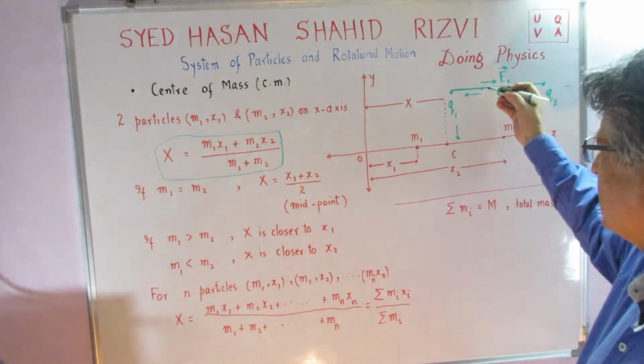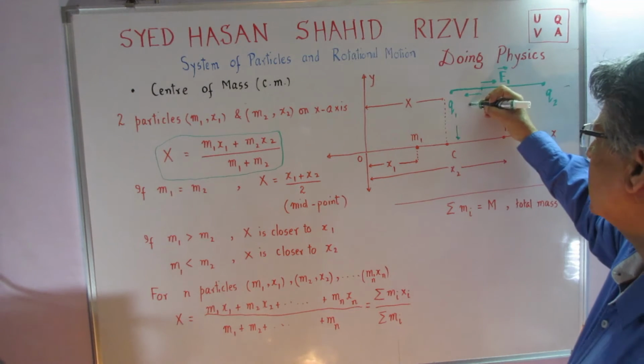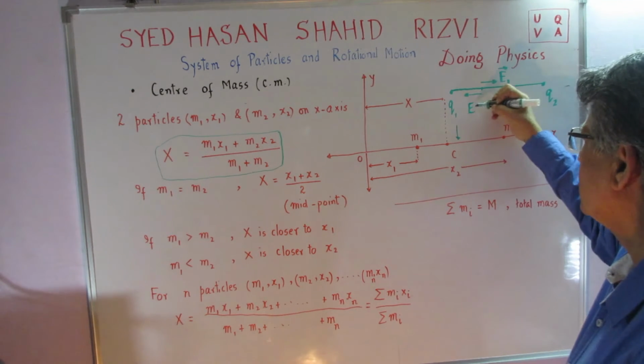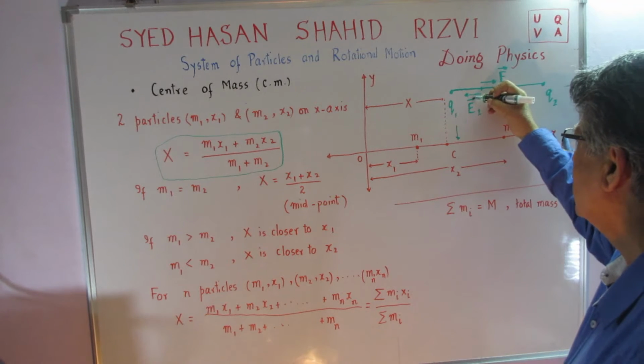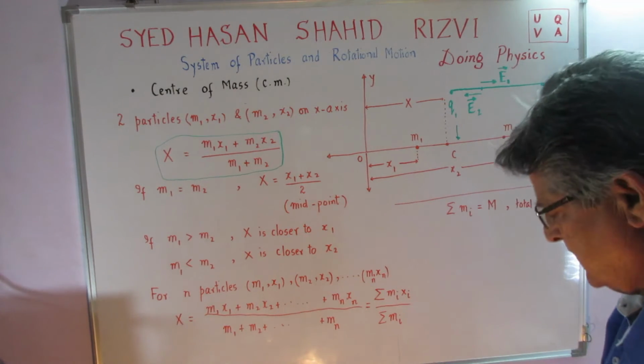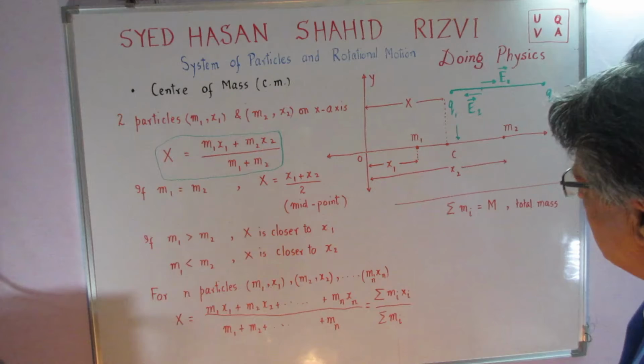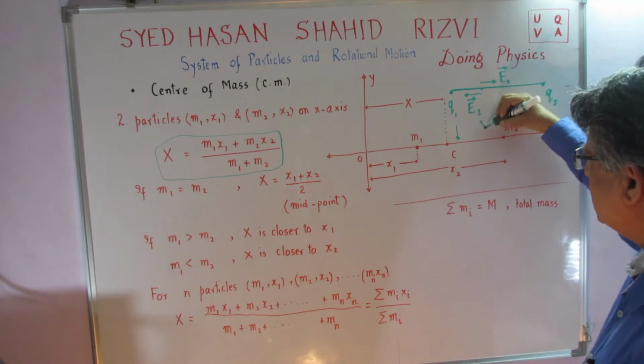So even if you think of a test charge over here, then you will get this as E2. If E1 and E2 are equal, this is what is called a neutral point.